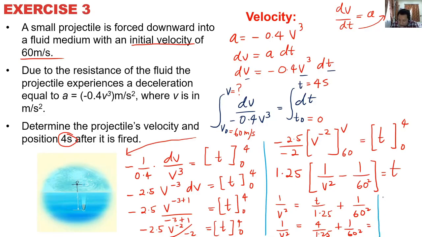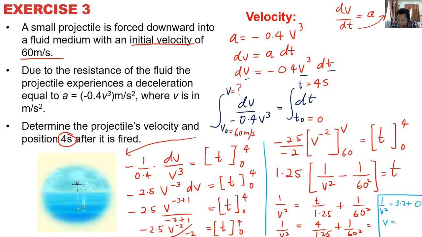4 divided by 1.25. So 1 over v squared is equal to 3.2 plus 1 over 60 squared. 60 squared is too small; it's almost 0, close to 0.